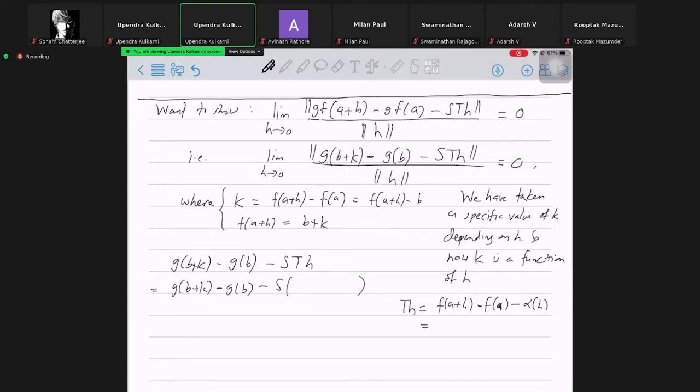That's how the function is incrementing when I'm incrementing, and that's exactly what I called K. So S of K minus alpha H. All right, what can I do with this? S is a linear operator. So this is G of B plus K minus G of B minus S K minus S of alpha of H.